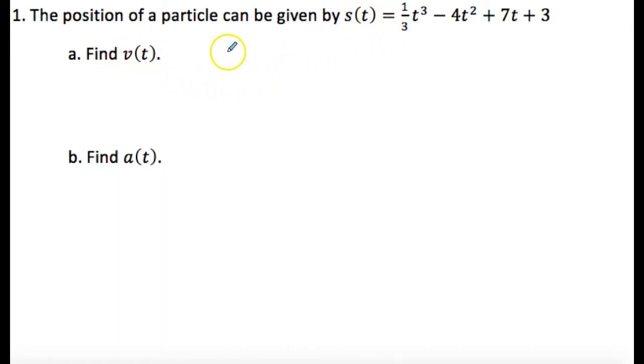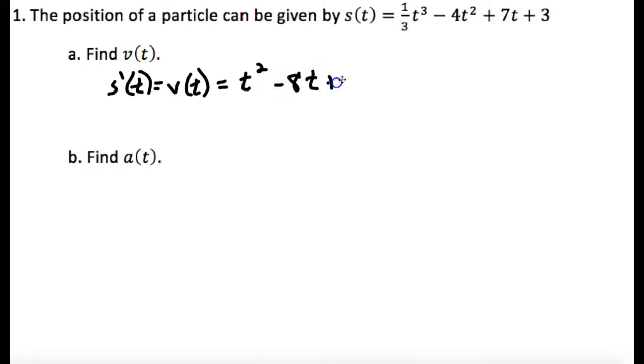Velocity is the derivative of position. So velocity is s prime of t. So I'll write all these out here. s prime equals v. So my derivative, let's see, 3 times 1/3 is 1. So I just get t squared minus 8t plus 7.